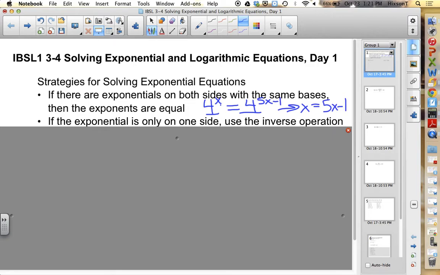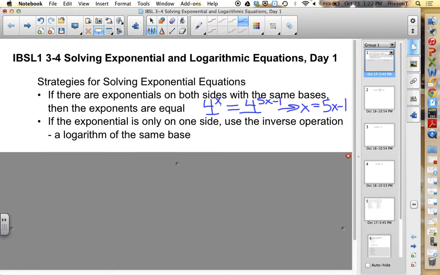Or some of you learned how to do it where you did the log base 10 every time no matter what, and then you used your exponent rule. That's fine if that makes sense for you. I prefer to do it this way. We're going to use the logarithm of the same base. And then we can use the change of base formula to simplify the one side. Okay, we'll see how to do that in a couple minutes.